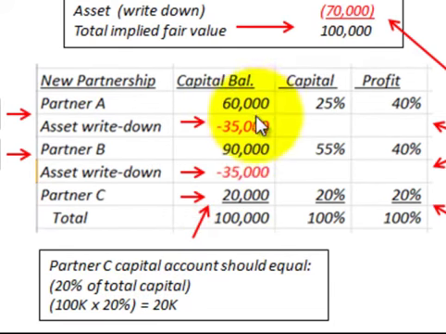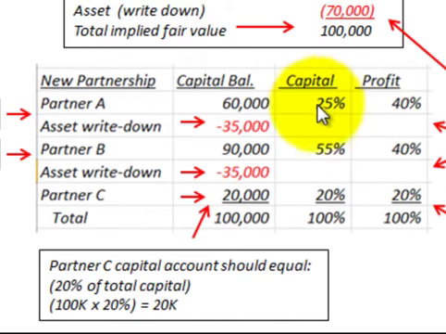So after our write-downs, our total capital balance would again be $100,000. For the profit and loss ratio, partner C, the new partner, would receive a 20% interest in the profit and losses, and partner A and partner B originally had 50% each, so they split the difference. If partner C gets 20%, then there's 80% remaining, and that would be split 50-50, so partner A would get 40% and partner B would get 40%.